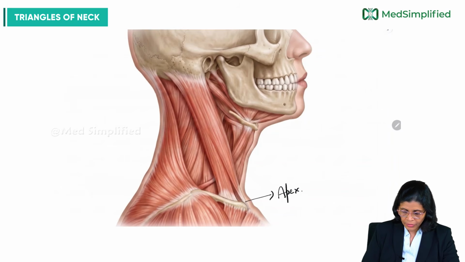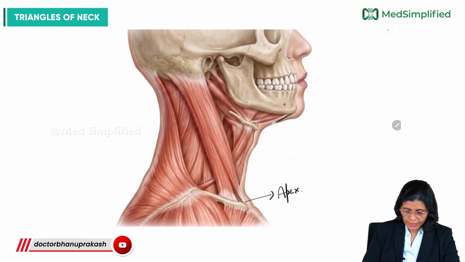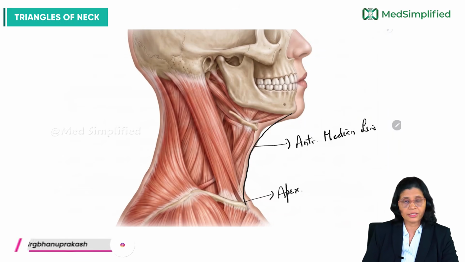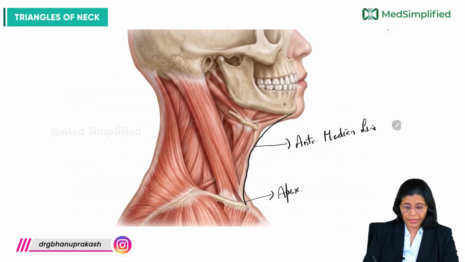Here it is bounded anteriorly by the anterior median line, which extends from the symphysis menti up to the sternal notch. So this is the anterior median line of the neck.